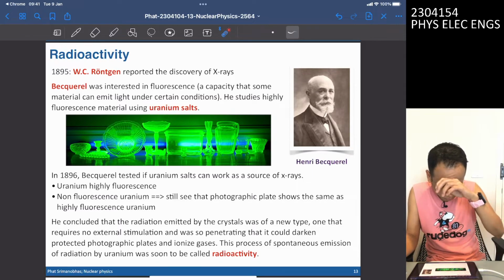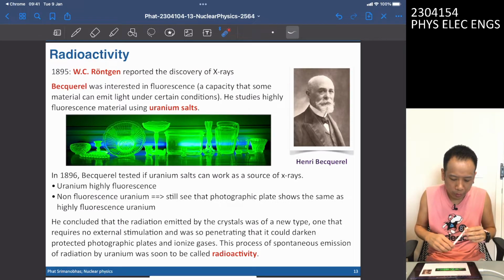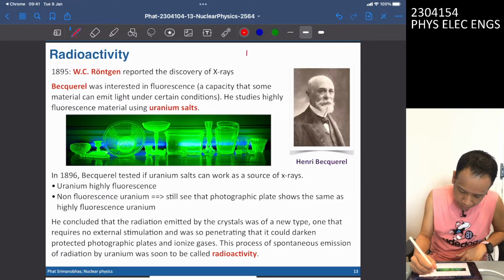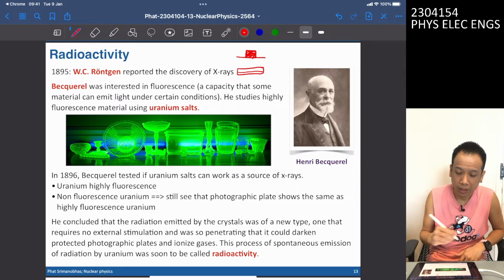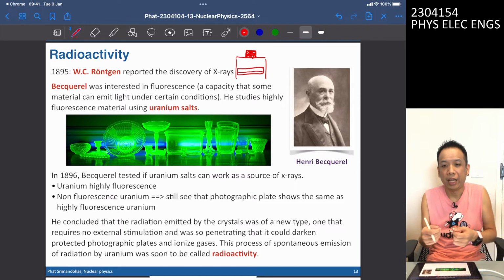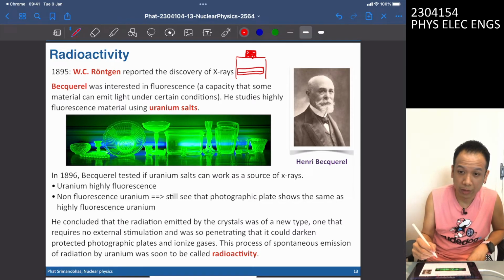So he made the uranium highly fluorescent, and behind it there was a black box with a photographic plate inside. He wanted to see if there would be a spot or anything on the photographic plate.